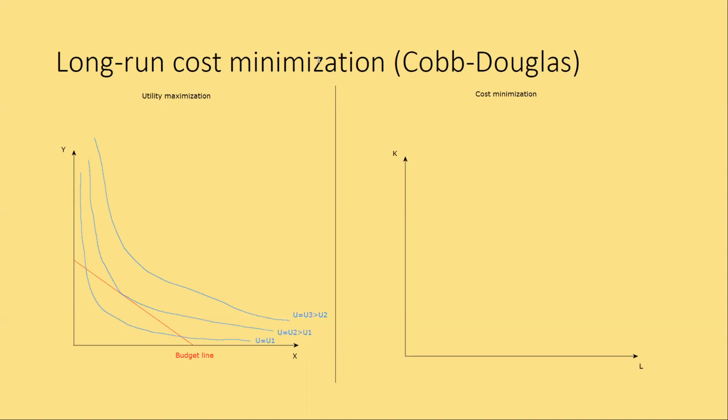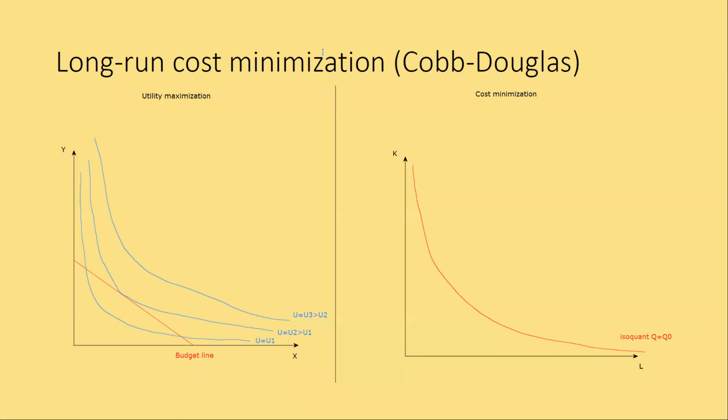Now, in the production theory or the cost minimization problem of the firm, things look almost the same, but there is an important distinction. So we have an isoquant that is Q equals Q0, let's say, that is fixed.